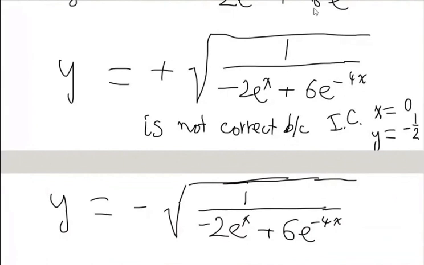So there's a minus sign in the value for y here. So the plus is not the correct one. The correct one is the minus square root.